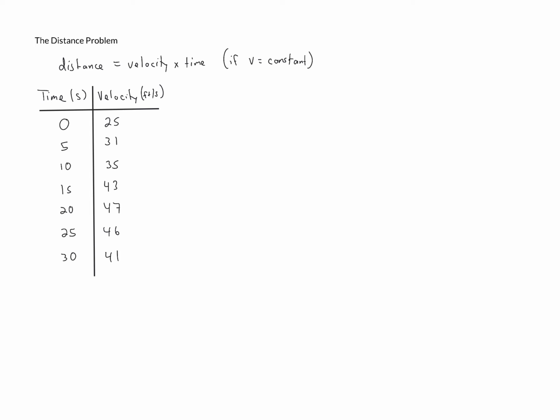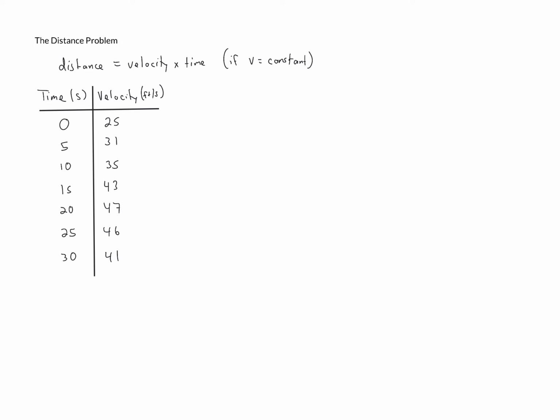Then after 5 seconds, it's 31 feet per second. 5 more seconds later, 35 feet per second. The next 5-second interval, 43, then 47, 46, 41. So we know that our velocity is changing, but we don't know what it is as a function, and we don't know what it is every moment. We just have this handful of values every 5 seconds.